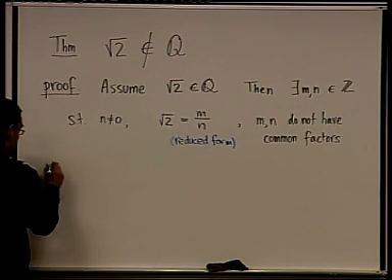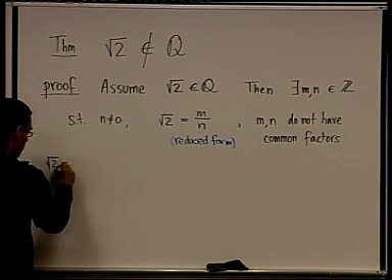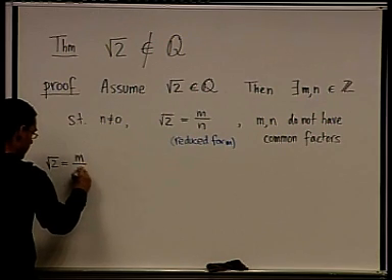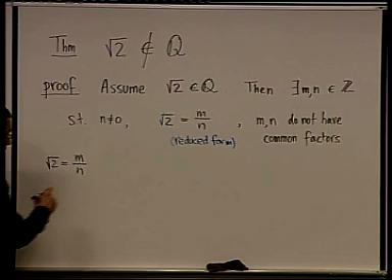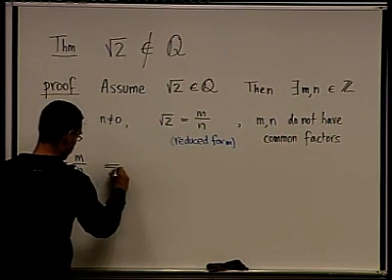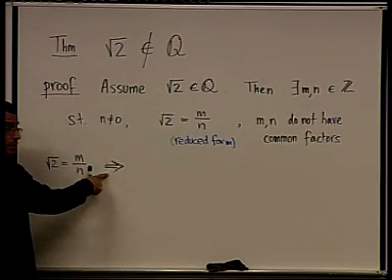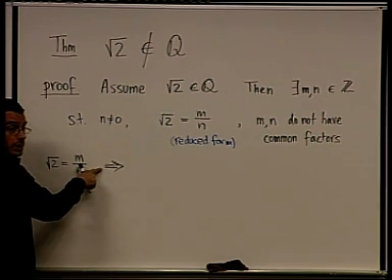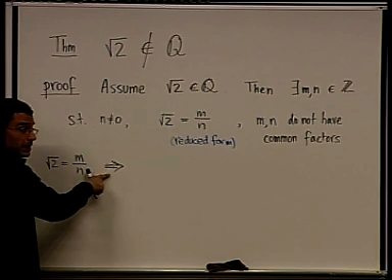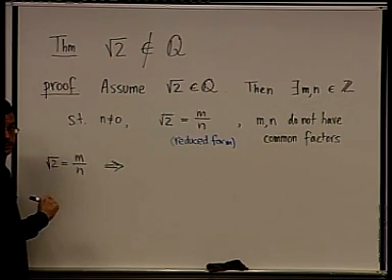So, root 2 equals m over n. That's our assumption. It follows, do you know this symbol? An arrow with a double line here. This symbol means it follows.